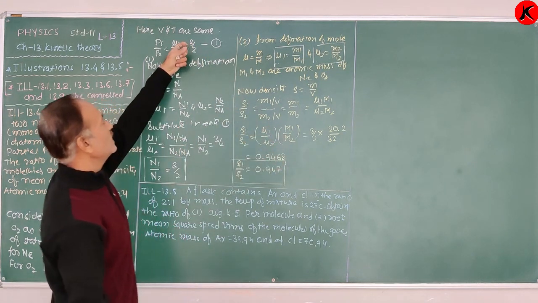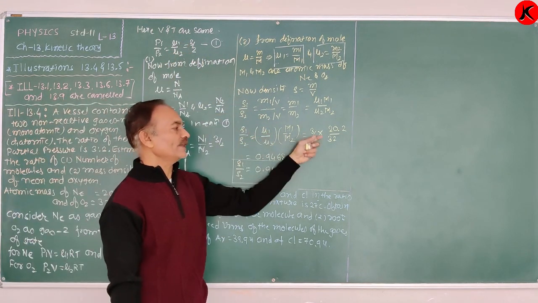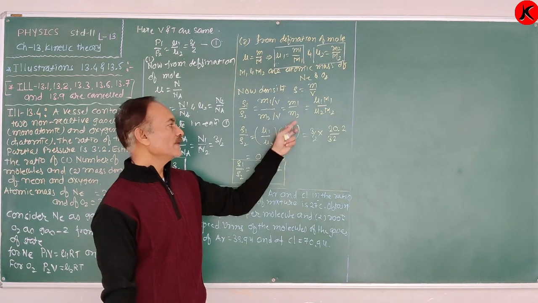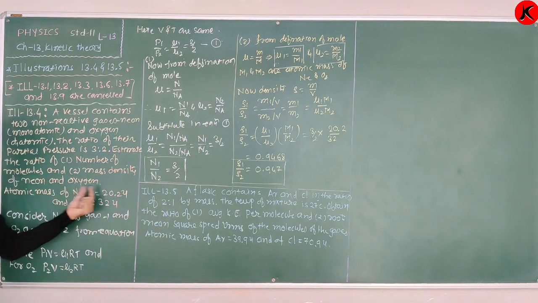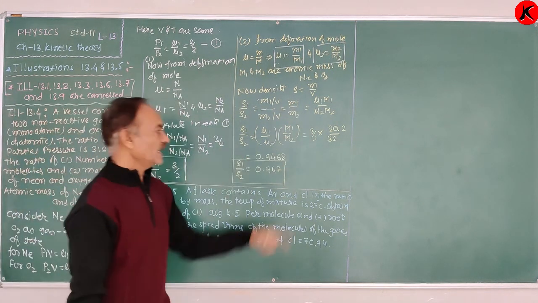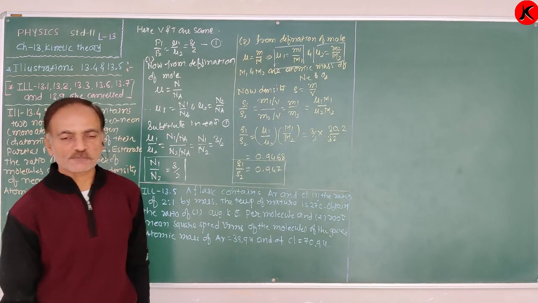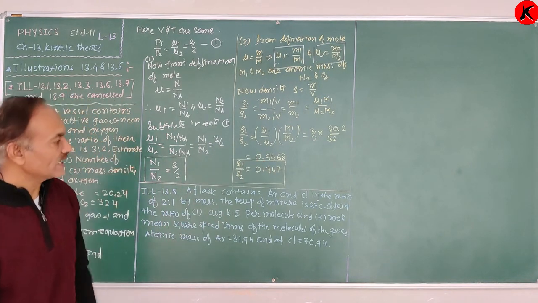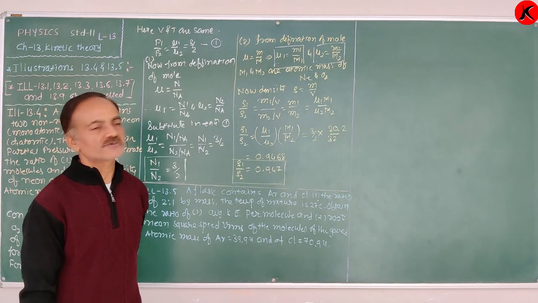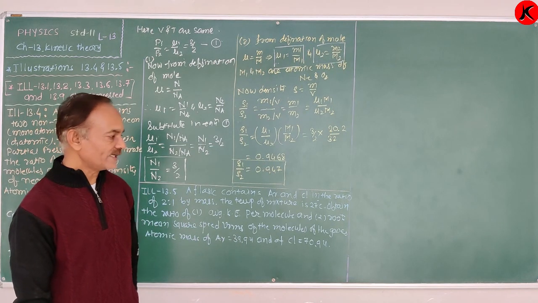From equation 1, mu1 upon mu2 is 3 by 2. And M1, the atomic mass of neon, is 20.2, and M2, the atomic mass of oxygen, is 32. Simplified, this ratio is 0.9468, that means 0.947.